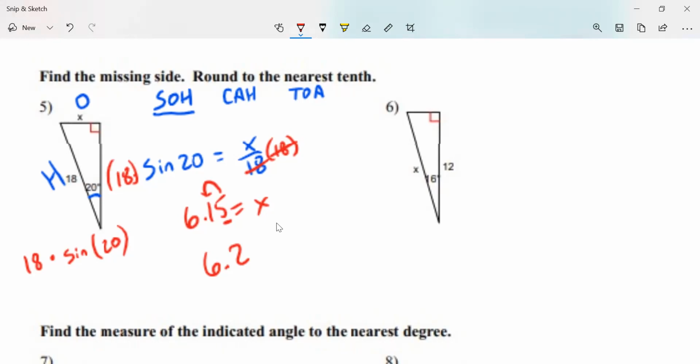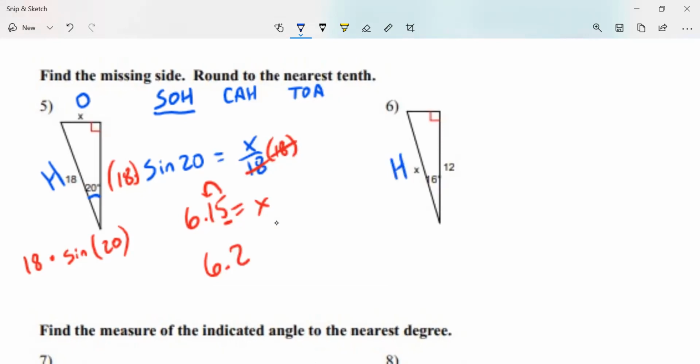Let me label the sides that I have. In this case, x is the hypotenuse. And according to my 16 degrees here, 12 is going to be my adjacent. I don't have the opposite in this case.